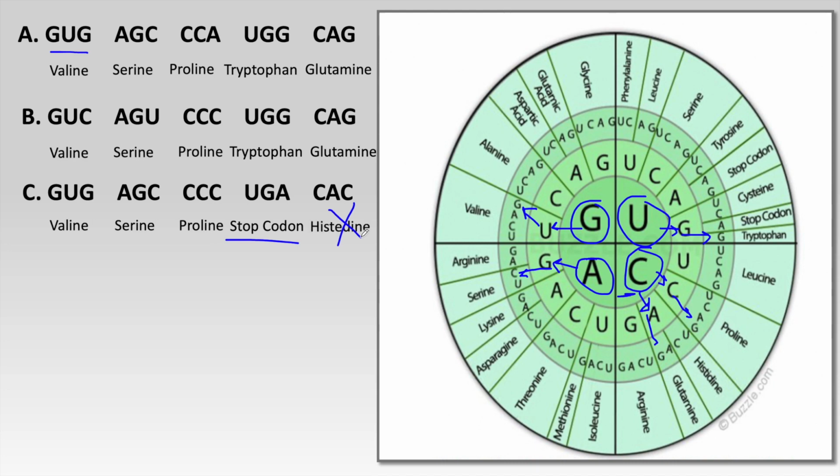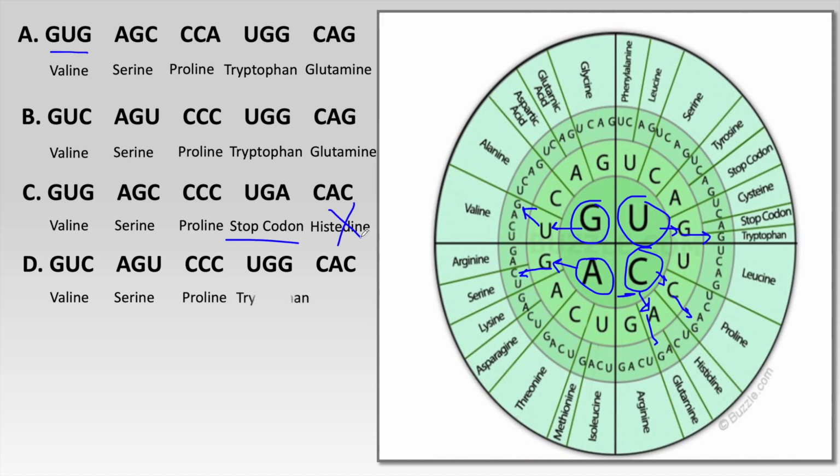Let's move to choice D. Again, pause and do your work. Good, you came back. Valine, serine, proline, tryptophan, and histidine.